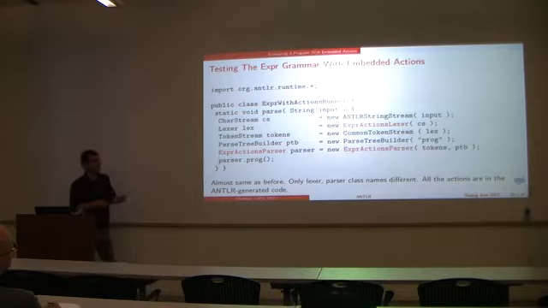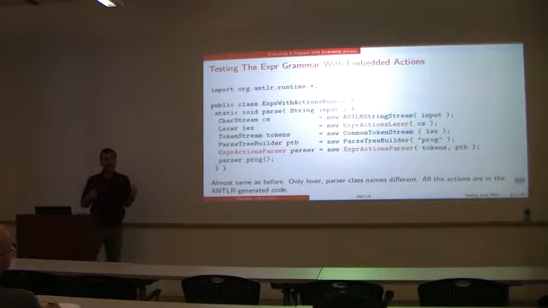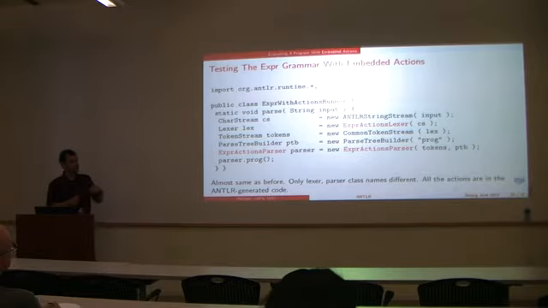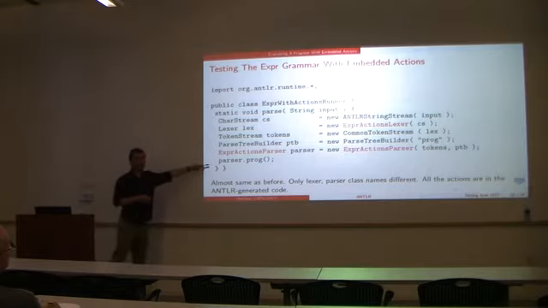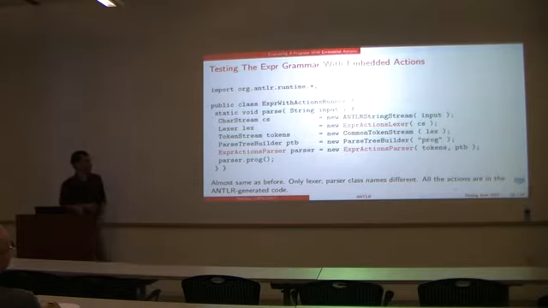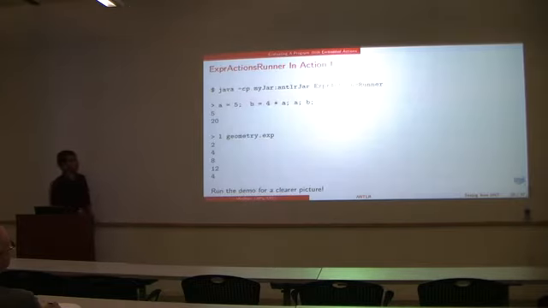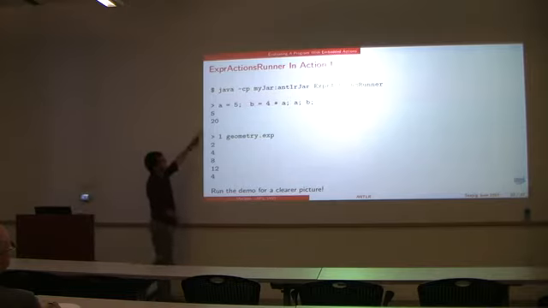It walks the input stream, the program, but now it runs the embedded actions at the places where it sees them as it walks the code, and builds up, as it evaluates the rules, I should say. Okay? So my code is really no different. The embedded actions went into the Antlr source file itself, into the grammar. Okay? So to run that, I've got my test rig, extra actions runner, and I can just type at it, and now I'm getting evaluations.